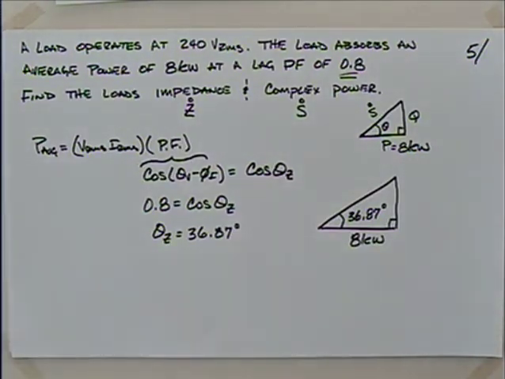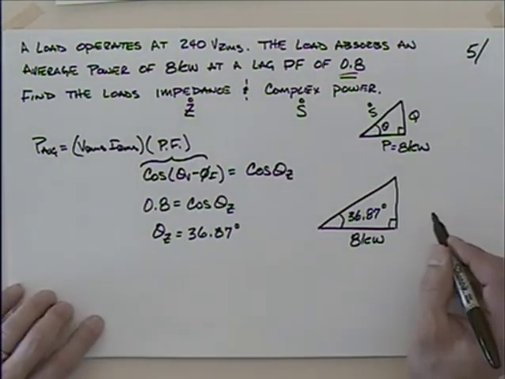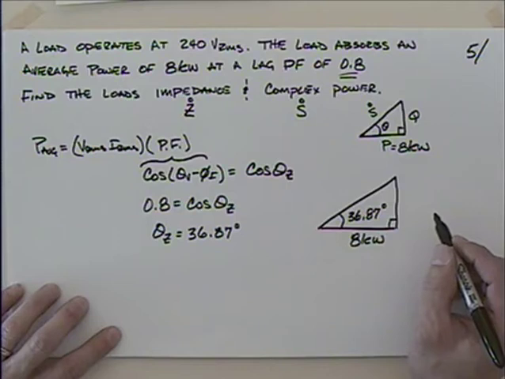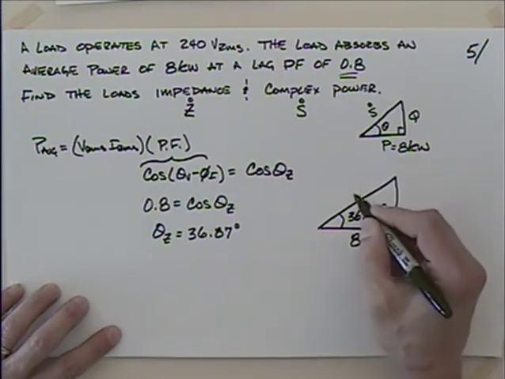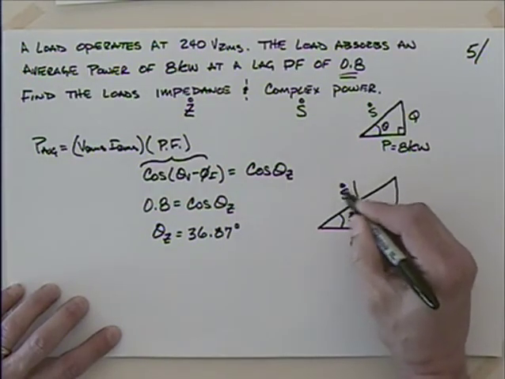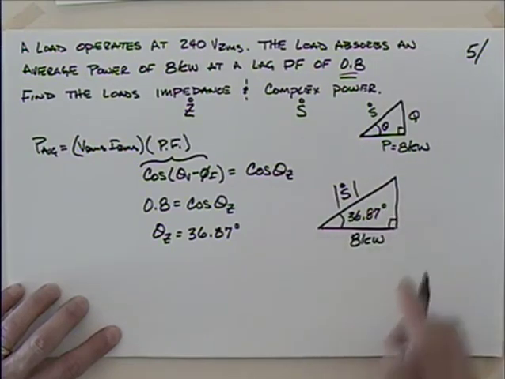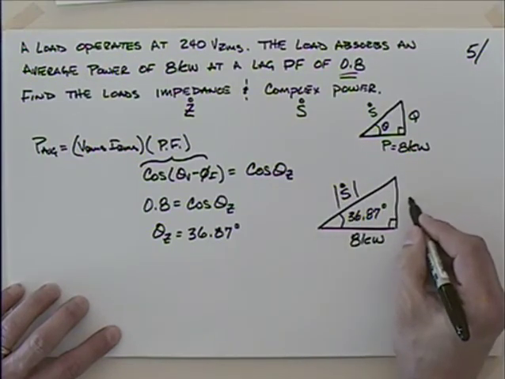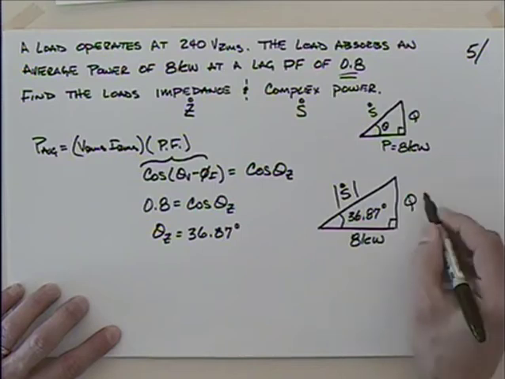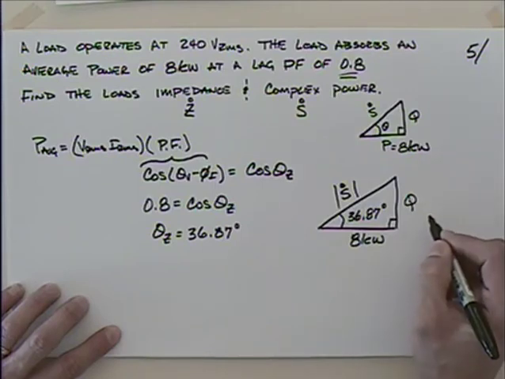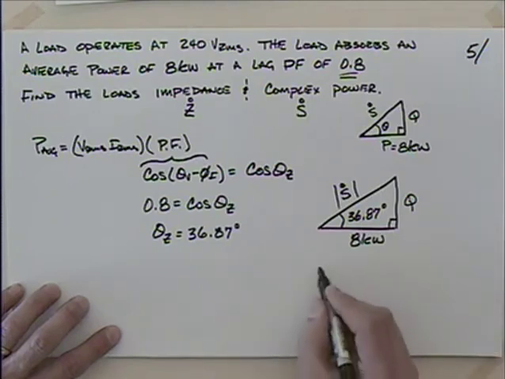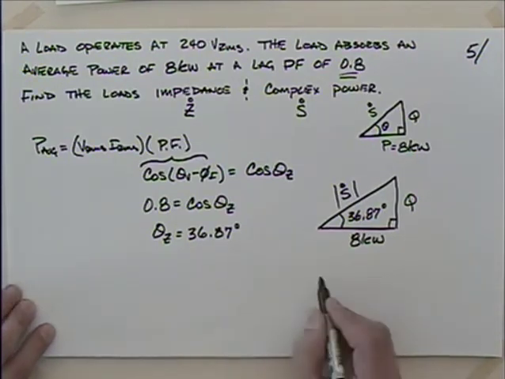Can I get the other sides? Yeah, if I wanted the hypotenuse here, I could get that, or I could get this too, couldn't I? This is Q. What would that be equal to? Well, I could say that, maybe I'll write it here.